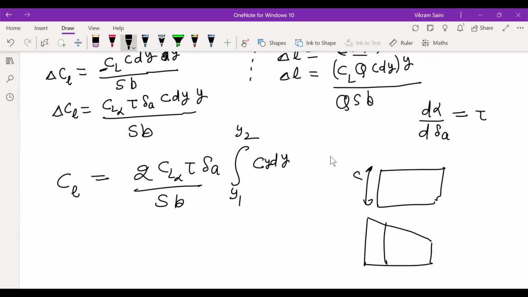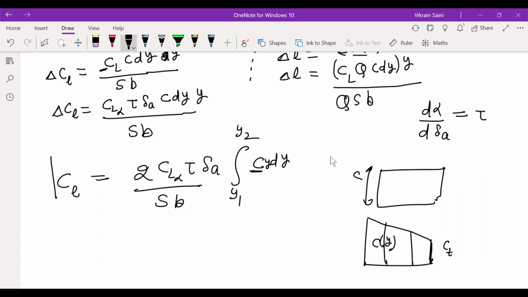So that C length is different. C is a function of y, right? C length here is different and C at the tip is different, CT. So this C is a function of y multiplied by y, and you perform this integration, then you get the total CL.